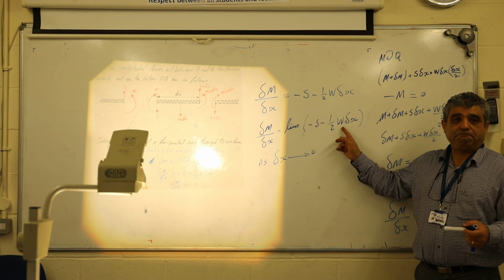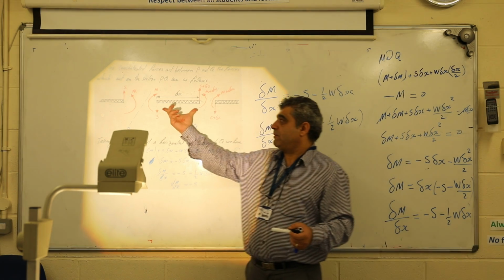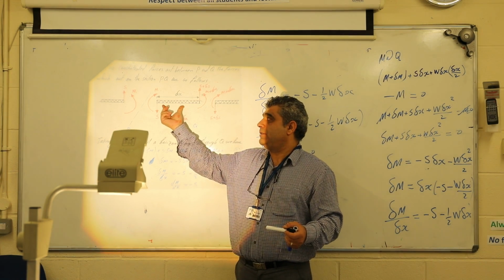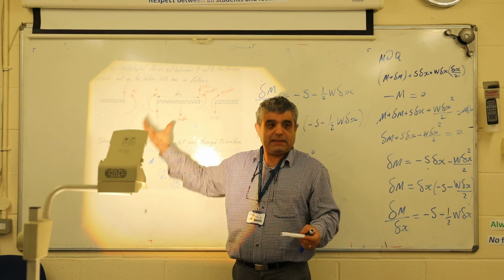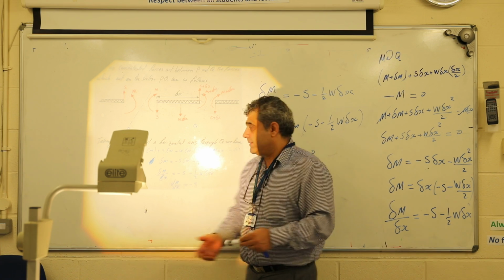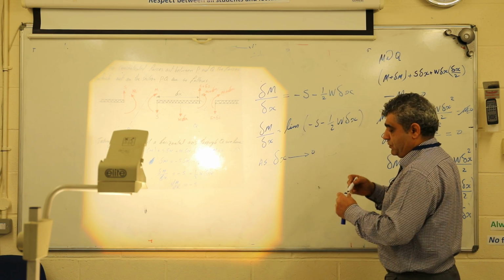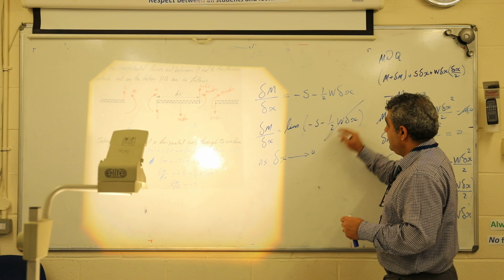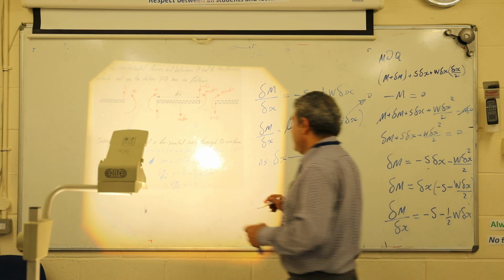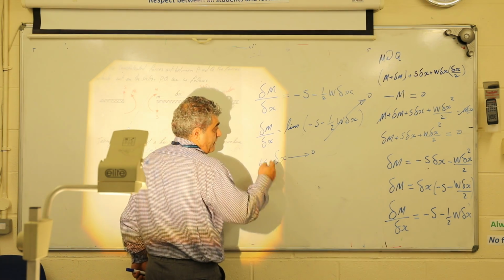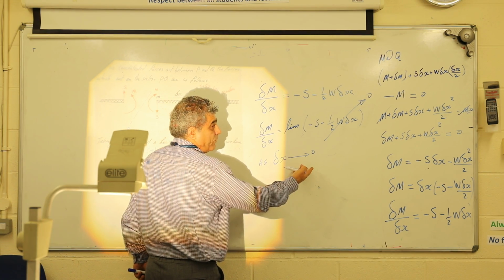Are you with me? Just imagine this was for this length. If this length becomes small, the weight gets smaller, everything goes small as well. So this is going to approach zero as well. Can I say this expression is going to approach zero? So eventually you are left with the limit of that.